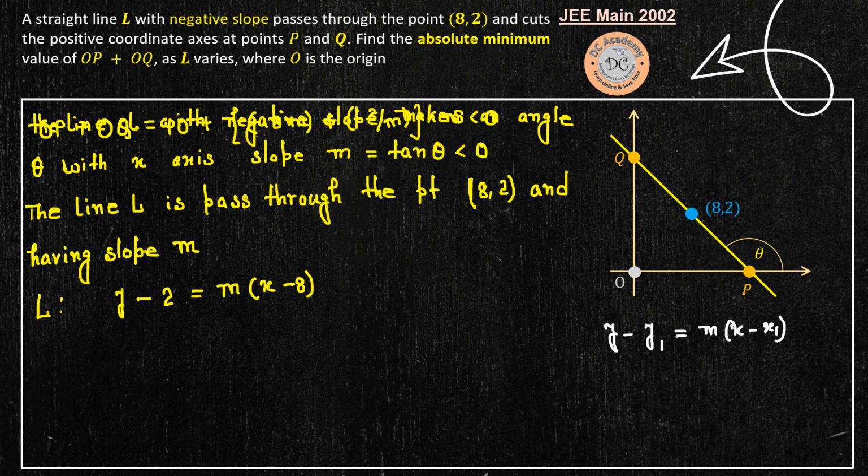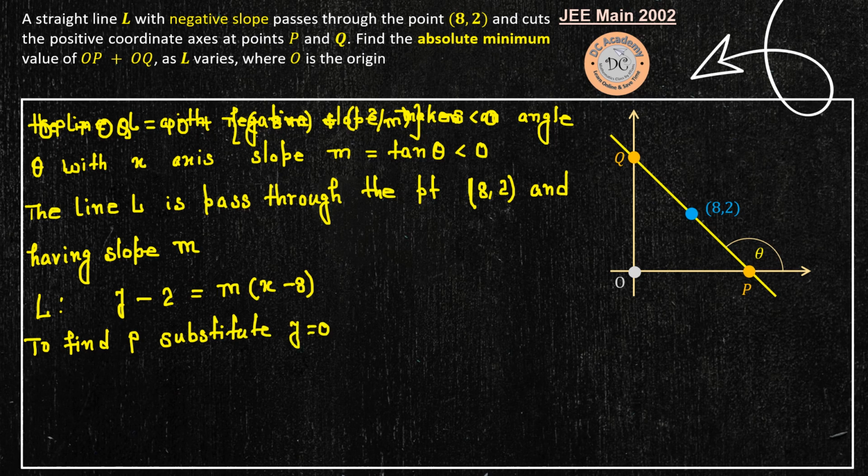Now, we need to find the x and y intercepts, that is P and Q. First, we need to find the point P. To find P, we substitute y equal to 0, because it's the intersection point with the x-axis, and y equal to 0 is the equation of the x-axis.